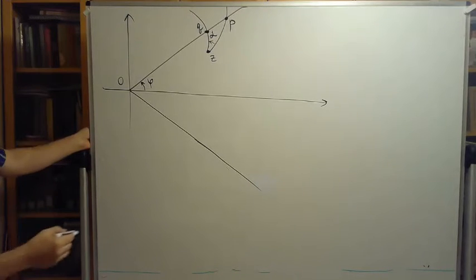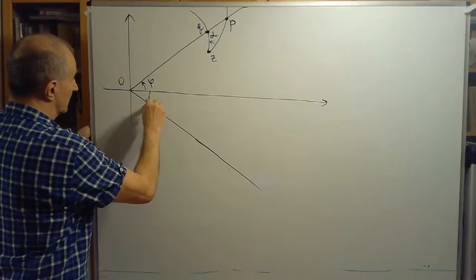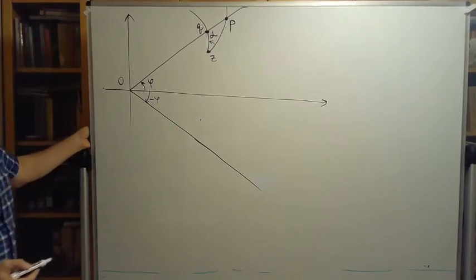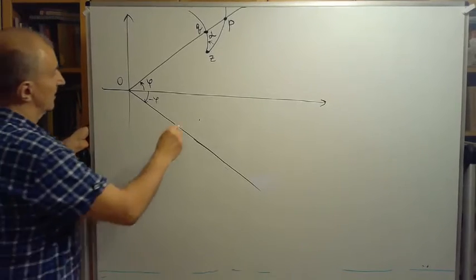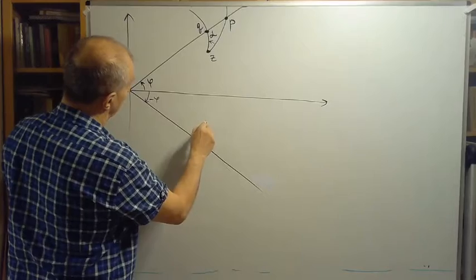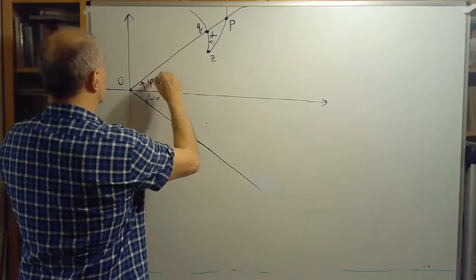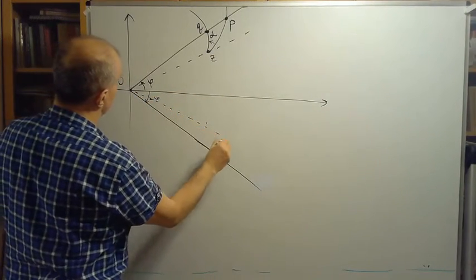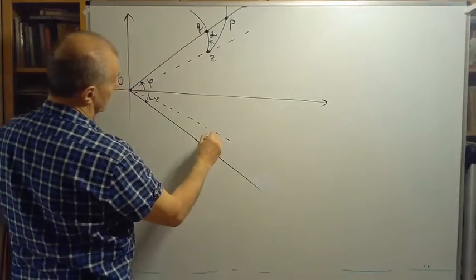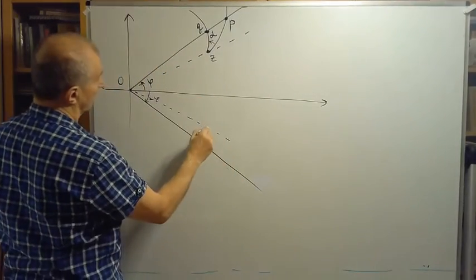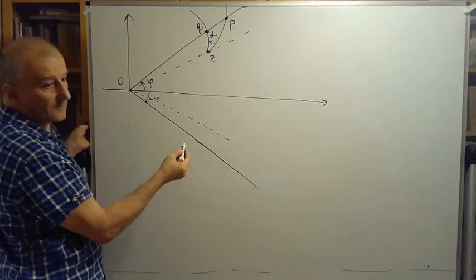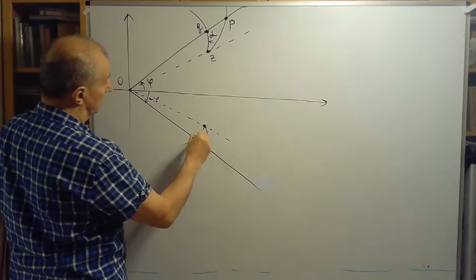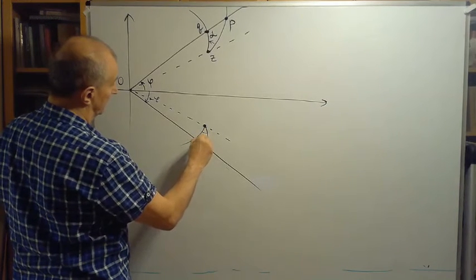And as a result of an inversion, this ray will go into a ray at angle negative phi, right? And the ray on which Z lies will go into some ray here, something like this, and this will be the angle we will call beta.